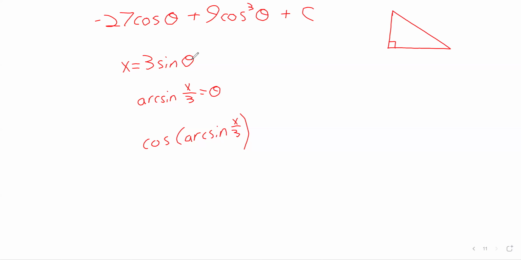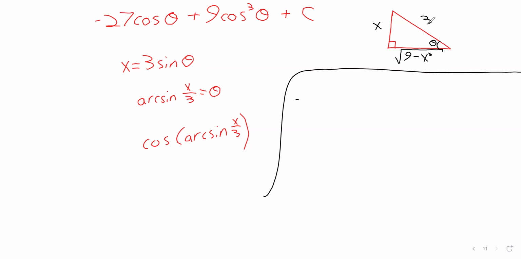Well, I already sort of gave away the trick here, which is that if we think of that right triangle, we can see what the cosine is using right triangle trigonometry.